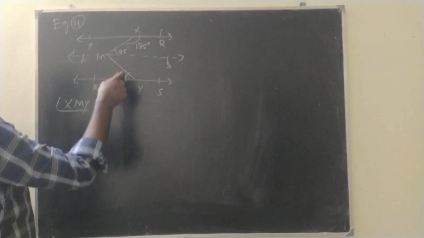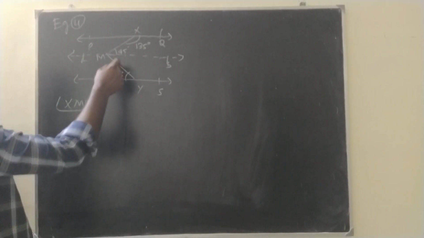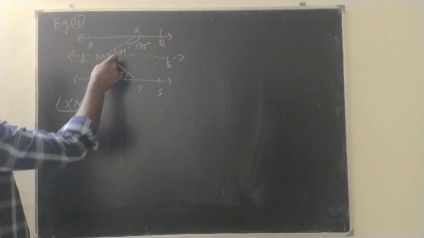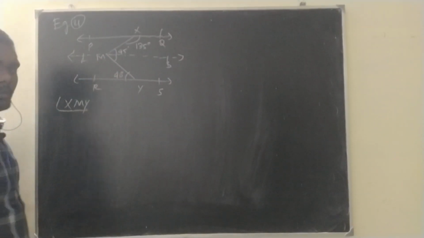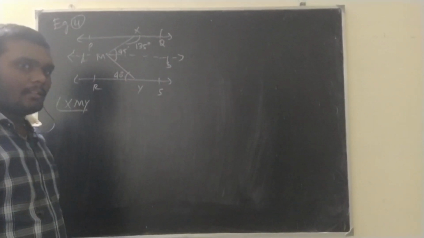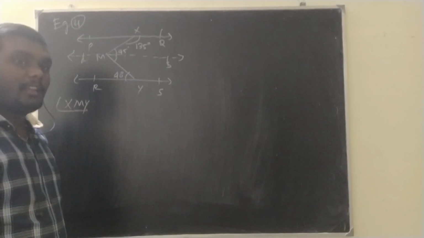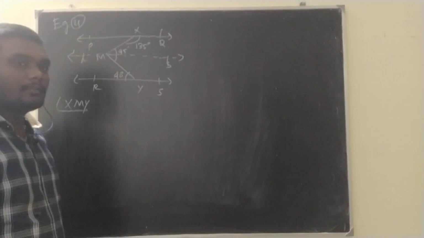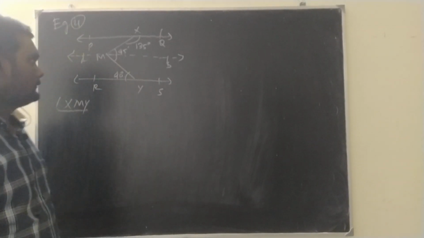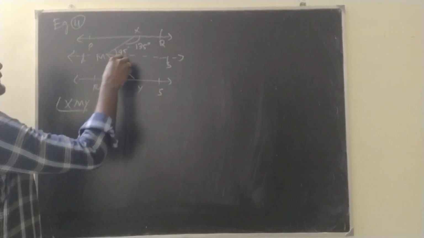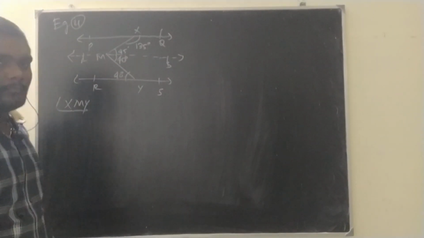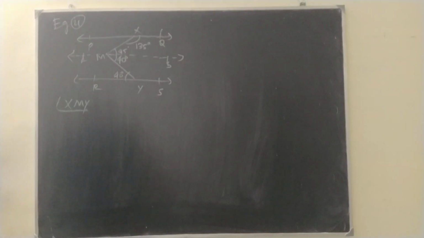See, here 40 degrees is there. This angle and this angle share what property? Alternate interior angles are equal. So, here 40 means here also 40. Altogether, our answer is 85 degrees.